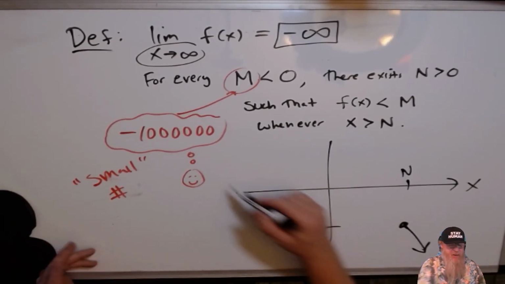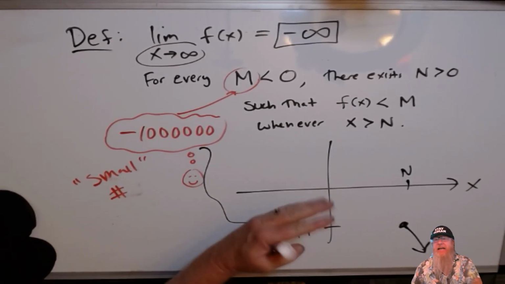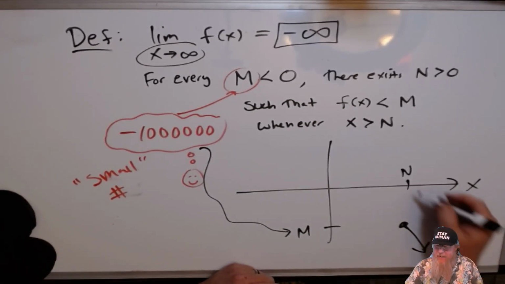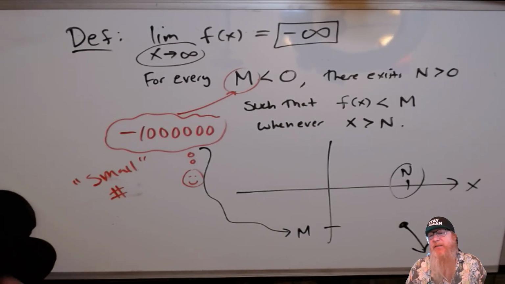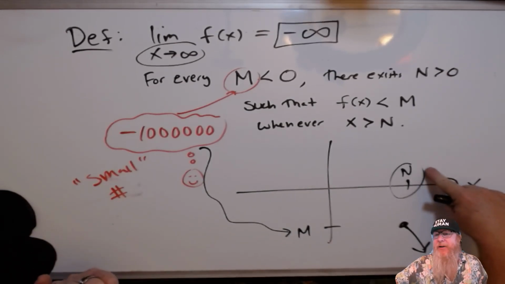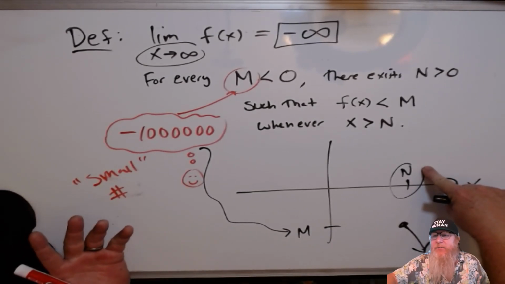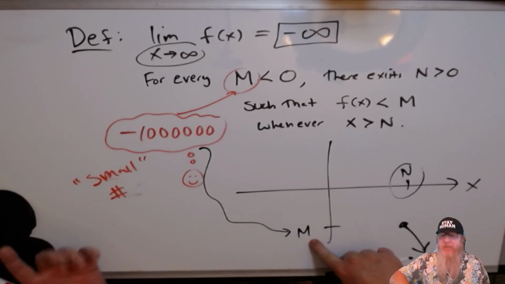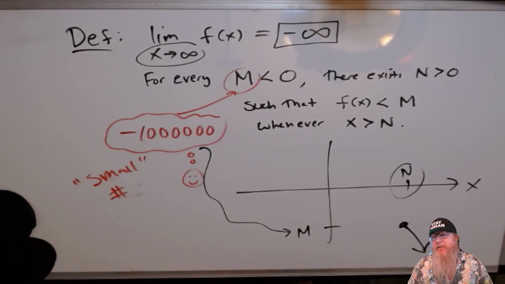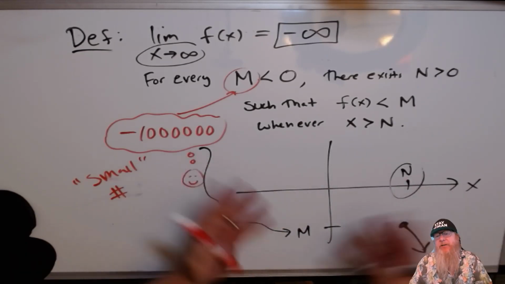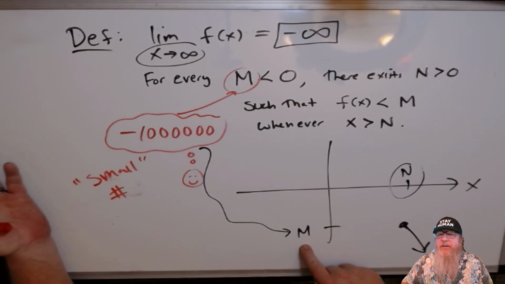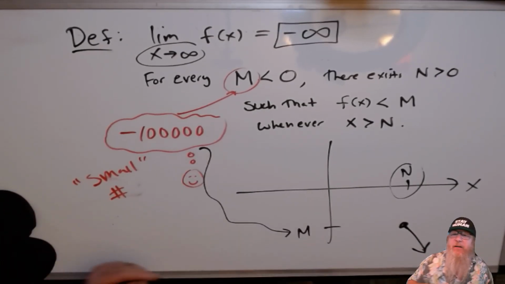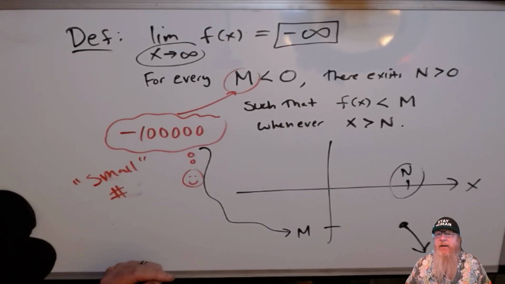All right. So you can think of m as being negative $1 million. Right? And then you can just think of n as being any number. It doesn't even really have to be very large. Like we saw with the exponential function, I only had to get to 12 in order for this to be 100,000 or something. So the same thing will be true with negatives. If I want to get to negative 100,000, let's take off one of the zeros, right? Make it 100,000.